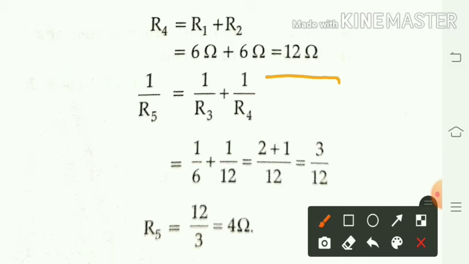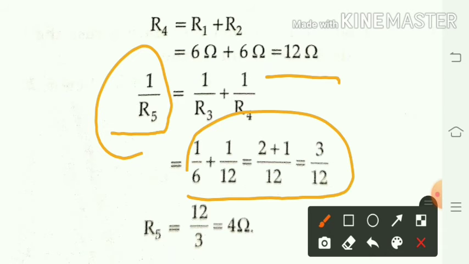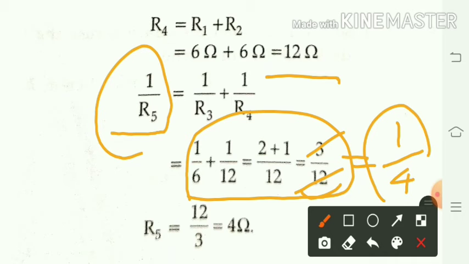Now another resistor is in parallel combination, therefore we can take its reciprocal, 1 upon R pi is equal to 1 upon R3 plus 1 upon R4. By putting their values, we are getting 3 by 12, that is 1 by 4. Here 3 by 12 means 3 ones are 3 and 3 fours are 12. So this value is 1 by 4. But by taking its reciprocal, we get the value of R pi as 4 ohm.